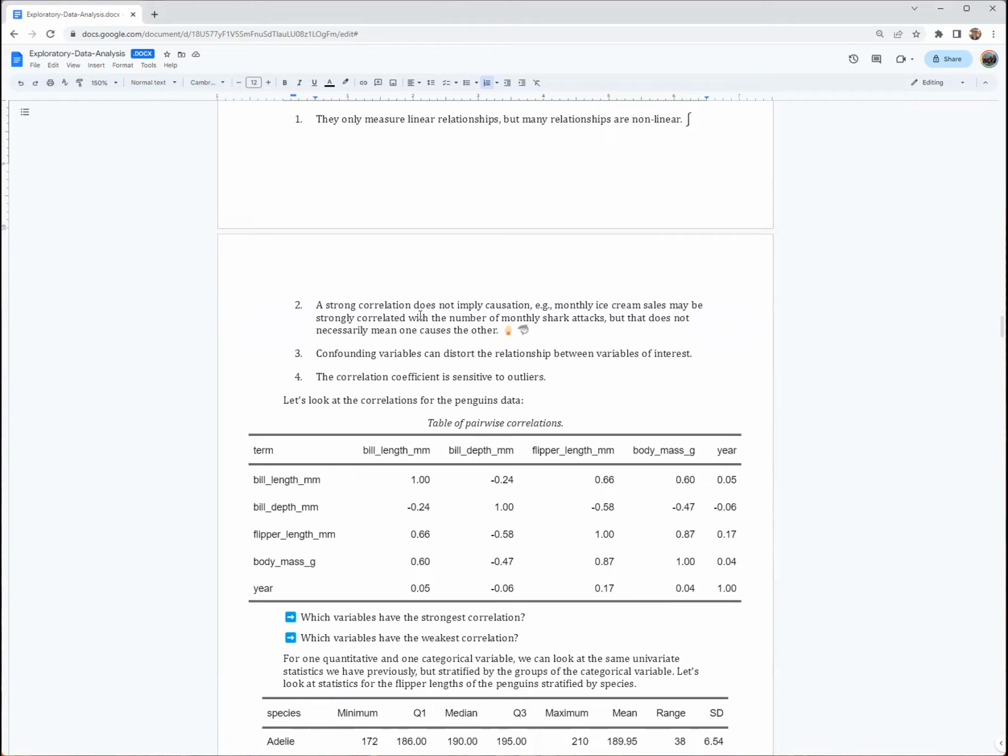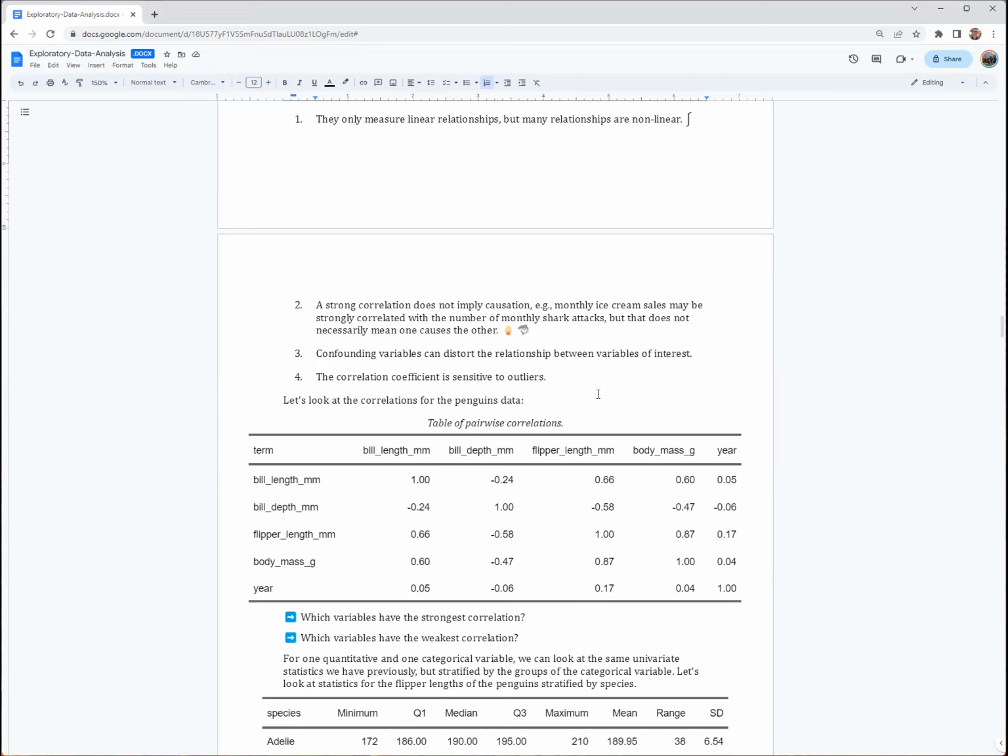A good example to show this point: if you recorded ice cream sales at Daytona Beach in Florida and looked at how that correlated with the number of monthly shark attacks, you would see a positive correlation between those two things.